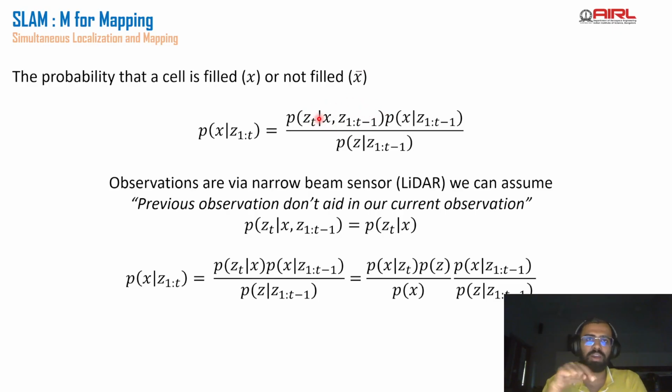I know that my current observation does not depend on my previous observations. It only depends on my current state, so I can reduce this just into this term. I keep simplifying things here. And then for this zt conditional on x, I use Bayes' theorem again. This is what I would get, and this is what we will start working with now.